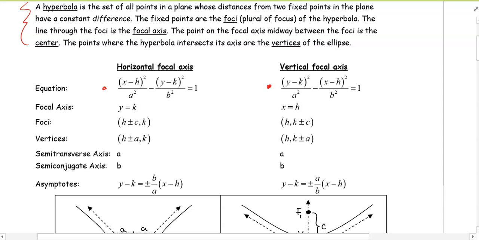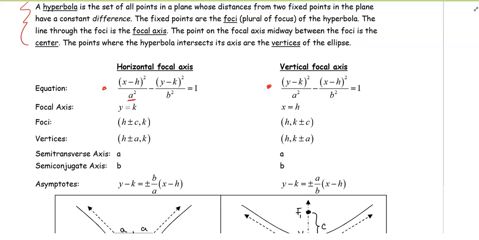Unlike the ellipse, where we had a sum in the equation and the commutative property meant it didn't matter who came first, here we have a difference. Also, unlike the ellipse, where A was a bigger number than B, that is not true for a hyperbola.